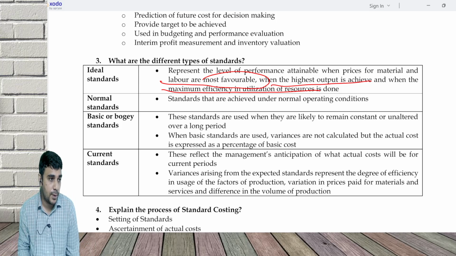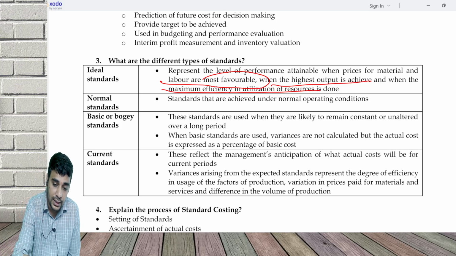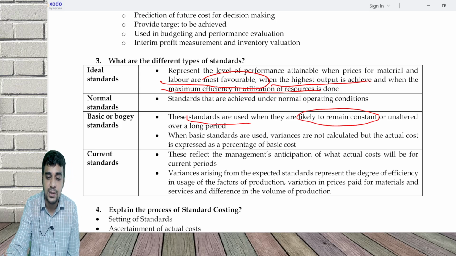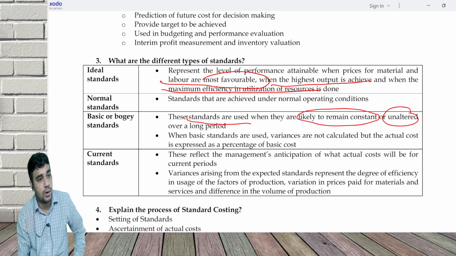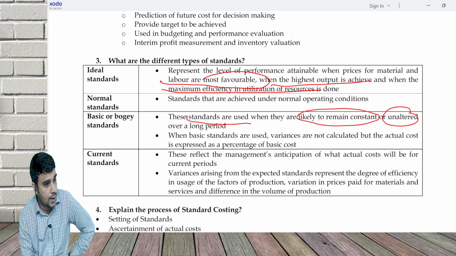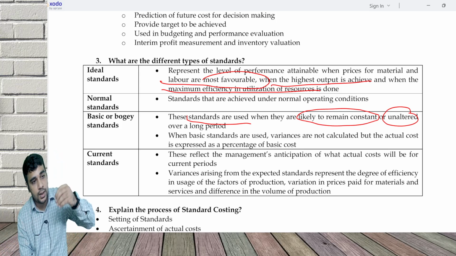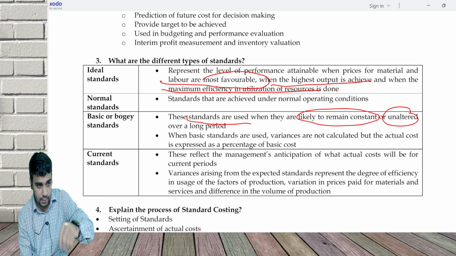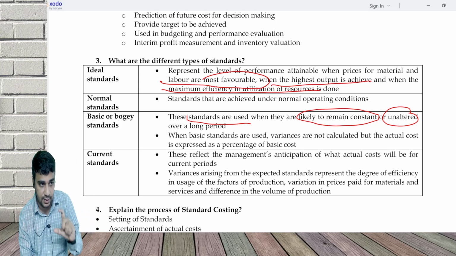Basic or bogey standard is where you keep standards which remain constant or unaltered. This is not logical. Whatever floods happened, the floods would need me to change the standards.